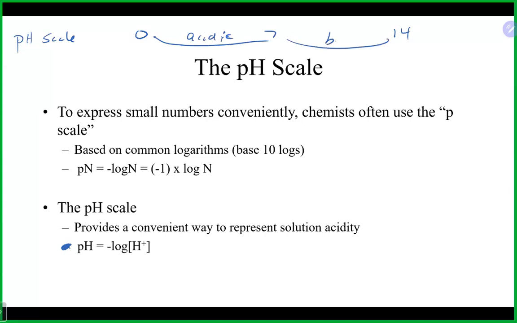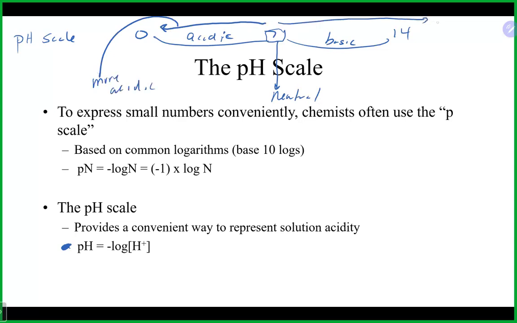Above 7 is basic. And really 7 on the nose there is neutral. 7 is sort of our center point, and as you go closer to 0, in this direction, you're becoming more acidic. And if you head towards 14, you're becoming more basic in that case.